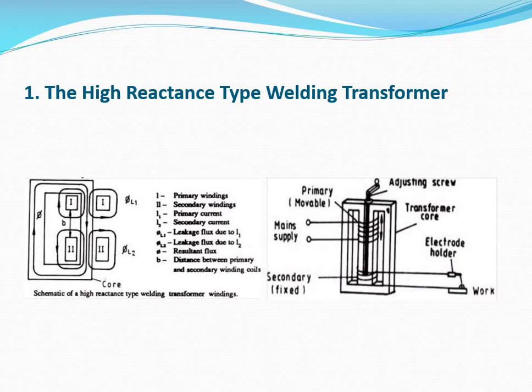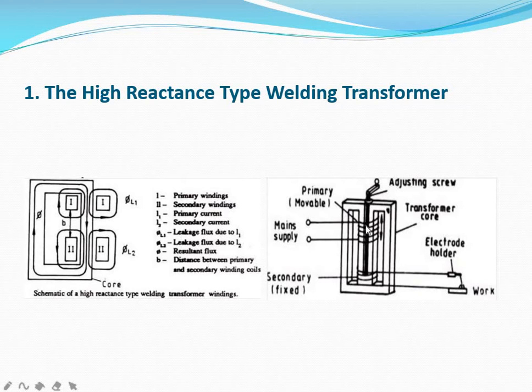Control of current in a high reactance welding transformer can be effected by three methods. One of them involves a moving primary coil. Here, if you observe this figure, the secondary coil is fixed at the bottom of the limb.